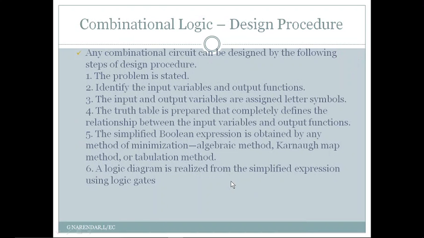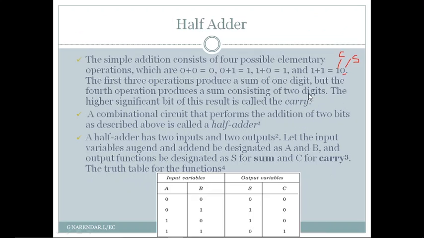You can see that the step 4 is to prepare the truth table which completely defines the relationship between the input variables and output functions. So these two, A and B, are the input variables and S and C are the output functions. Now we prepared the truth table for all combinations of inputs and we have shown the output functions for each combination of the input.